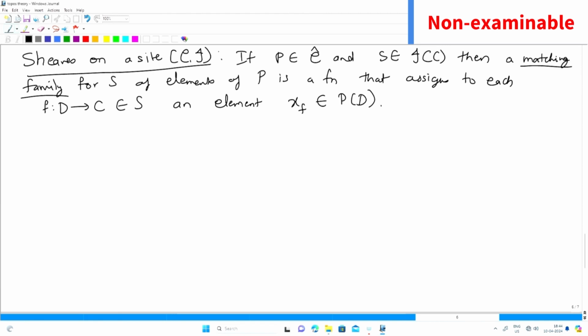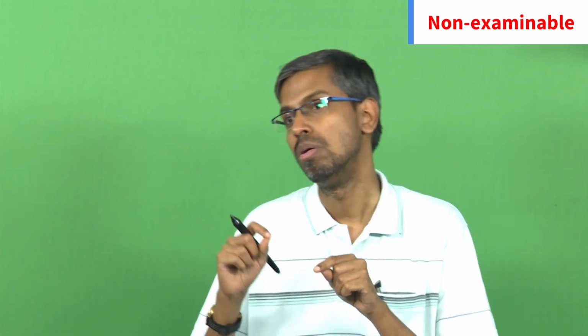So try to compare it with the existing notion that you know. What is a covering family? It's an open cover. So what are the elements D going to be in the open cover? The individual U_i. So you want to assign an individual section x_i in P(U_i). Well, that's precisely what we did, right?